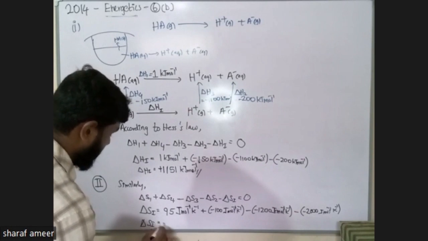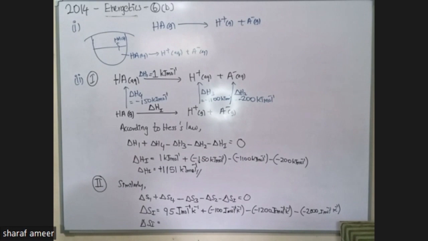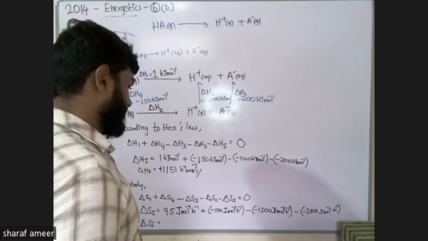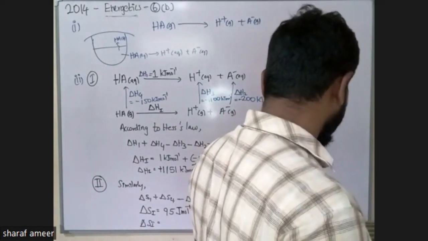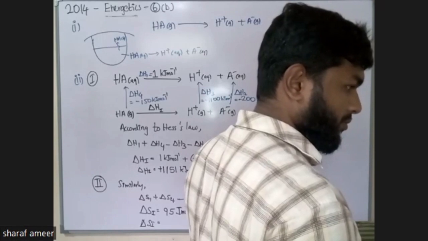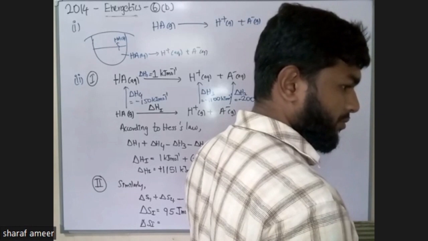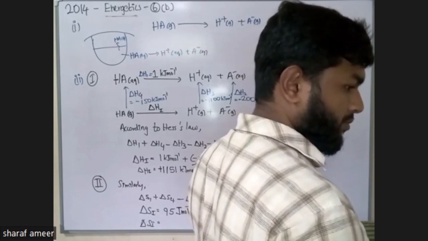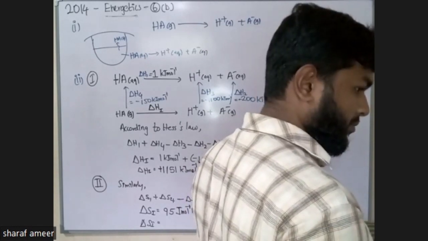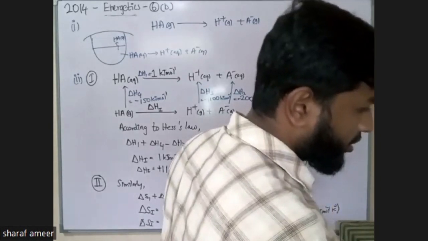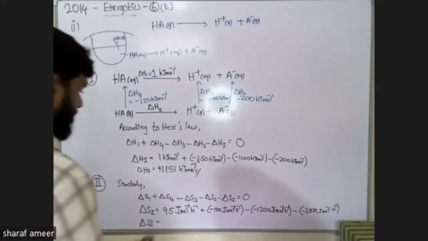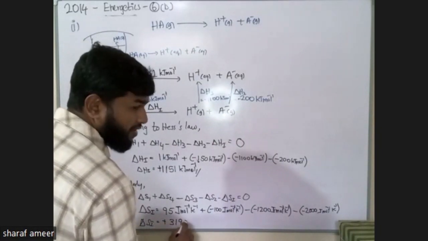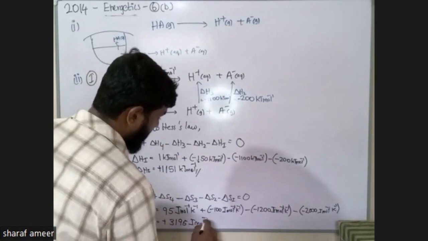So delta S1 is equal to, right. So the answer is going to be plus 3195 joules per mole per Kelvin here, right?